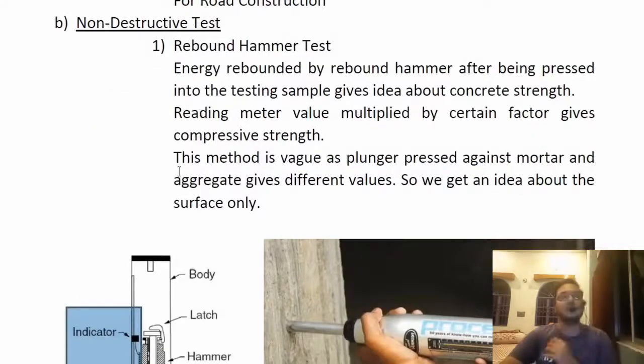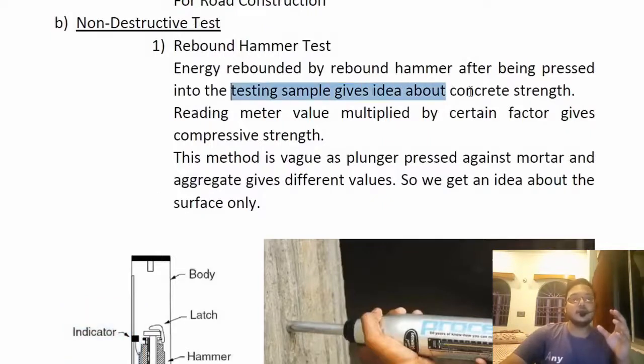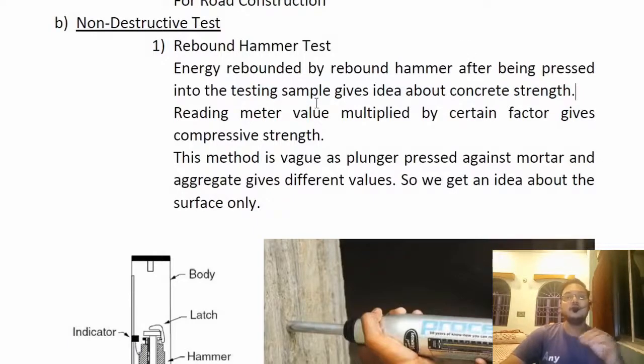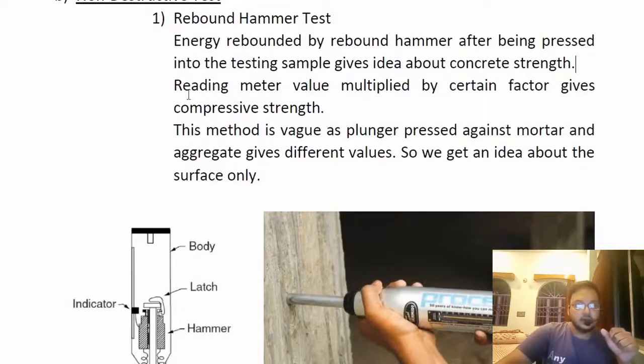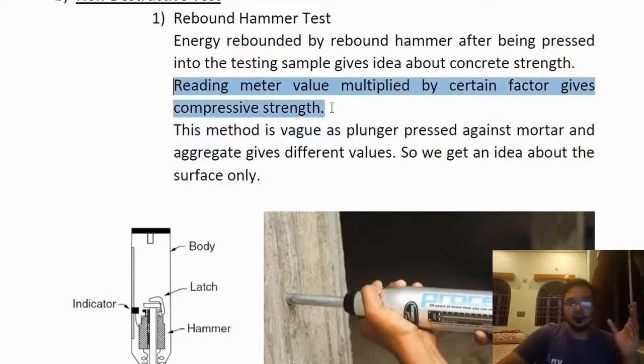So this rebound energy will give us the idea about how much concrete strength is there in that particular thing. There are other methods of calibration that we can know separately, and the reading meter value multiplied by a certain factor gives us the concrete strength.